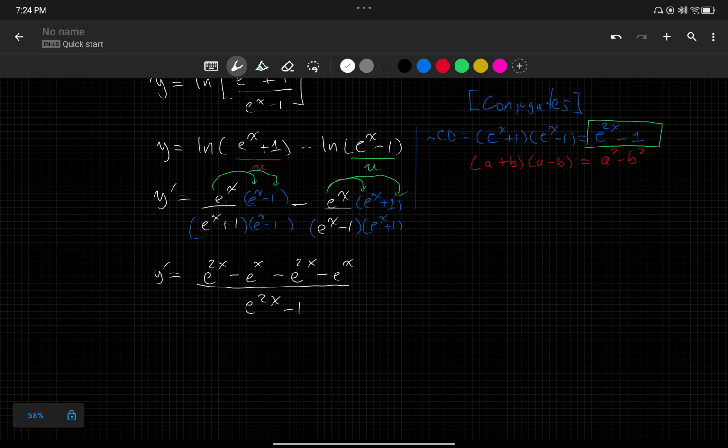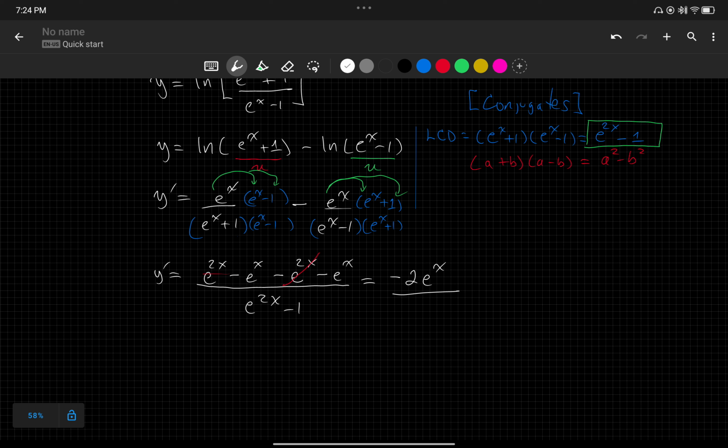So I guess combine like terms, in other words. Or actually, I can cancel stuff. I just noticed. Looks like this guy and this guy go away. And then these go together. So this one is negative e to the x and negative e to the x. That's 2 of them. So it'll be negative 2 e to the x.